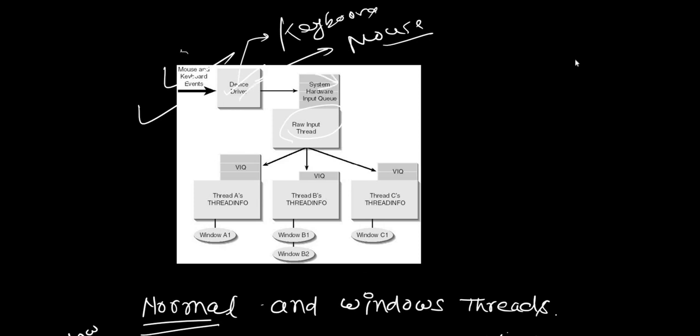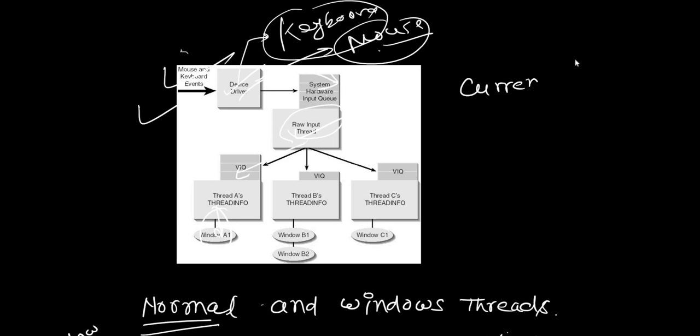As soon as this entry appears, the raw input thread wakes up, and it puts the message, related to the mouse or the keyboard, into the virtualized input queue of the thread associated with the current window, right?